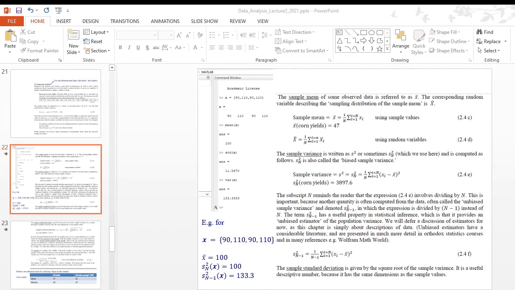You need to know that the default behavior if you ask for the variance of X is that it uses equation 2.4f, and its default behavior for the standard deviation of X is that it gives you the square root of equation 2.4f. If for some reason you want your data to be processed using the biased sample variance, equation 2.4e, and you're writing MATLAB code, you need to know to tell it to use the function in a different way. So be aware of that.